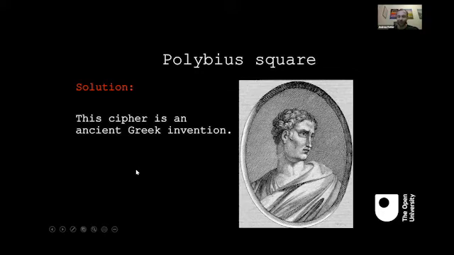Polybius was mainly a historian. He was a Greek, but he lived in ancient Roman times when Rome kind of ruled Greece as well. So he has this Latin sounding name, but he's actually a Greek person. And he's attributed to this as well.